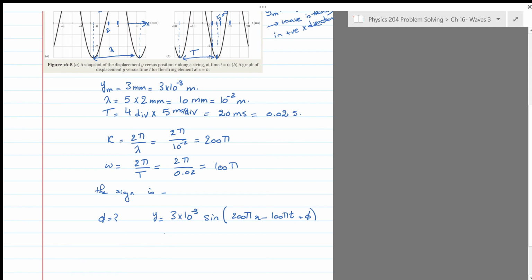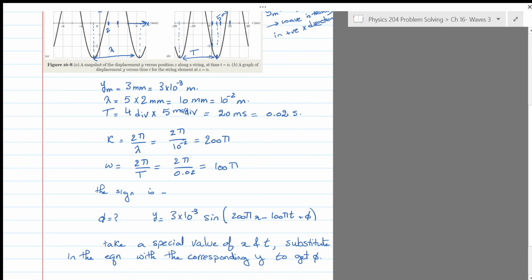And what we have to do is, like I said, take a special value of x and t, substitute in the equation with the corresponding y to get phi.